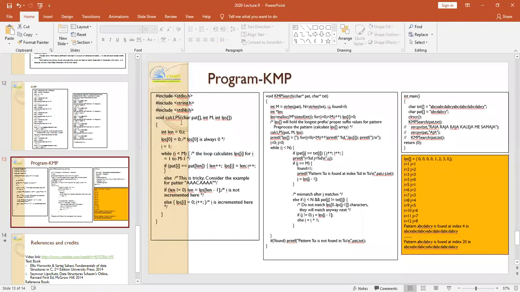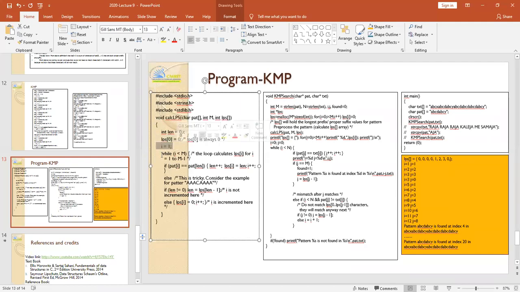This is the code, calculate LPS. So initially lps is equal to 0. Keep i equal to 1. If i is less than m, what is m? m is the total number of characters in the input string. Okay. If pat of i double equals pat of len, if the pattern of the first character is equal to the pattern characters, then len plus plus. Okay, so this is the program that you have used.